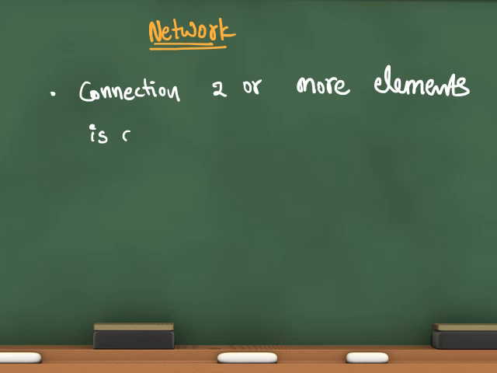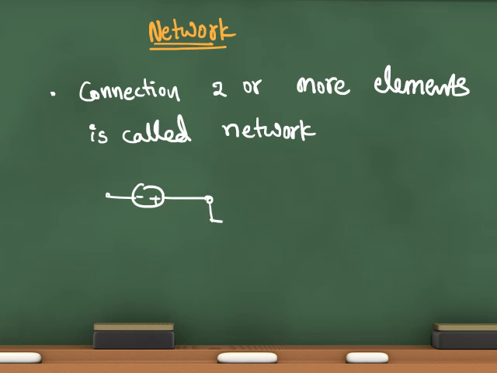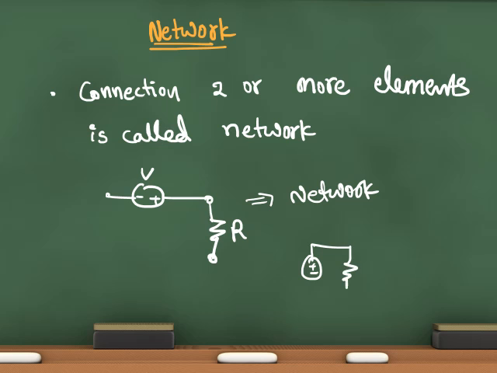Simply put, connection of two or more elements means, for example, if this is a battery, with minus and plus, and I connect one resistor here, say it is R and it is B, this is a network. And if I connect one more thing like this, this is also a network.